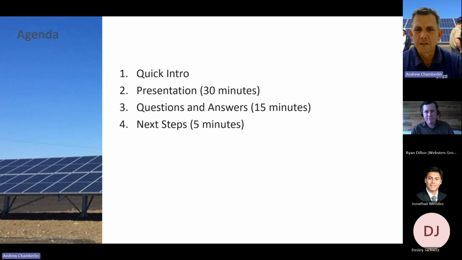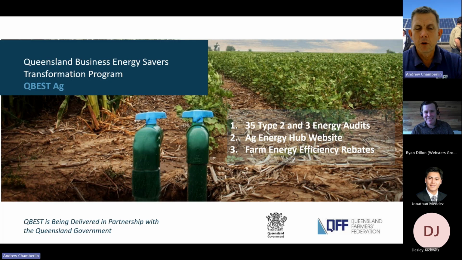So QBEST, it's the Queensland Business Energy Savers Transformation Program. With this program, which is delivered by QFF with funding support from the Queensland Government's Department of Energy and Public Works, we're doing 35 Type 2 and 3 energy audits on large farms throughout Queensland.